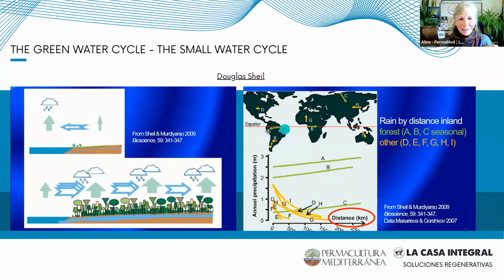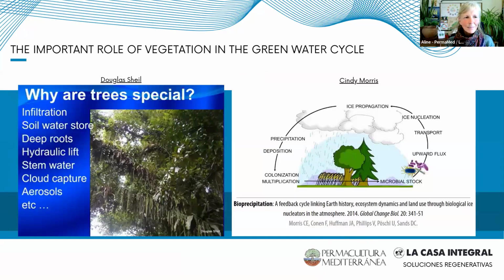And if these forests, if this Amazon system is not there, the distances will grow shorter and shorter and shorter. So vegetation is needed to actually move the water inland.